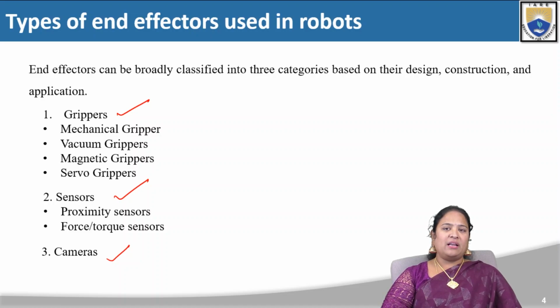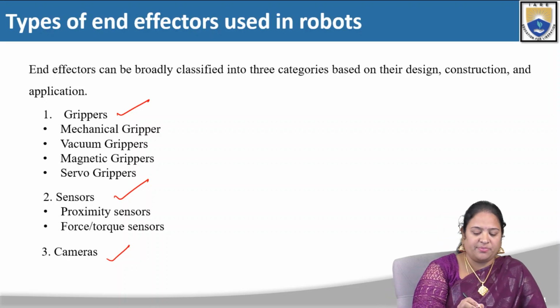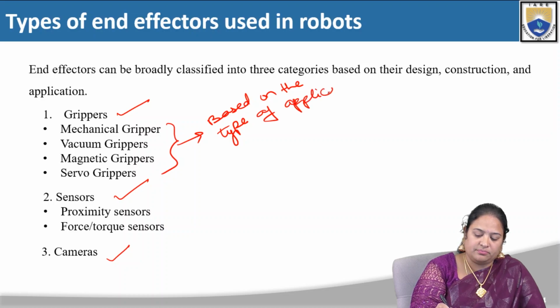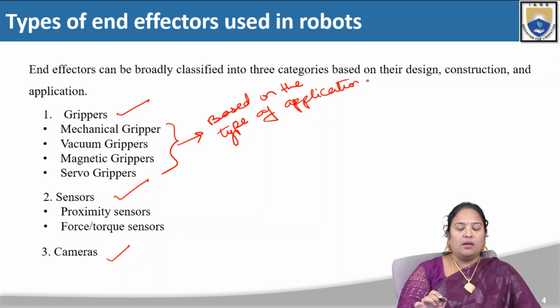The grippers are again classified into four types: the mechanical gripper, the vacuum type of gripper, the magnetic gripper, and the servo gripper. Again, the selection of the gripper will be based upon the type of application.